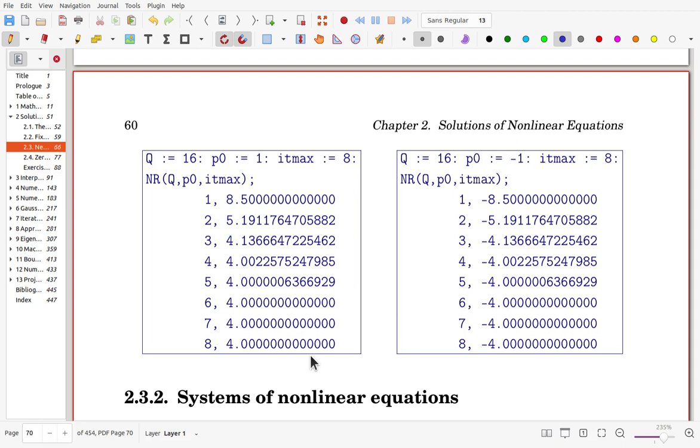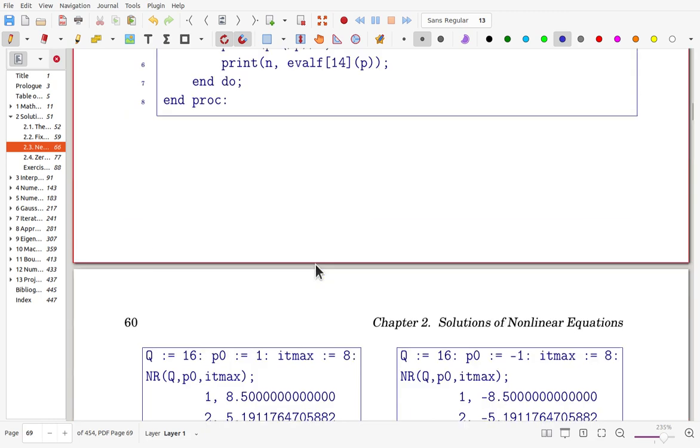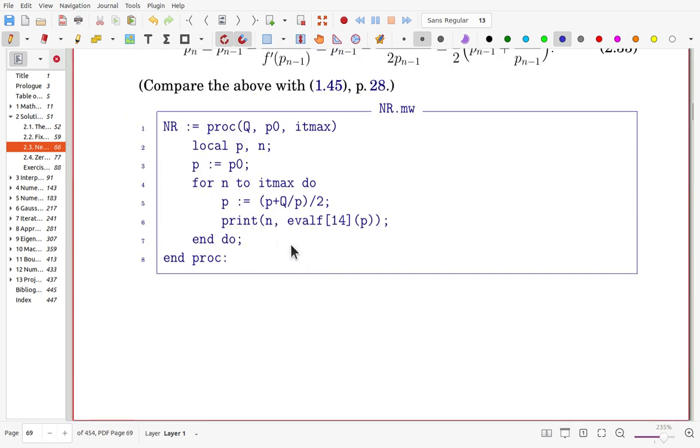In reality, if we are using any programming language, most programming languages have a command sqrt for square root. If you call the function, then practically such a computation is done inside. And if you get a better initial value, the iteration count can be reduced by 1 or 2.